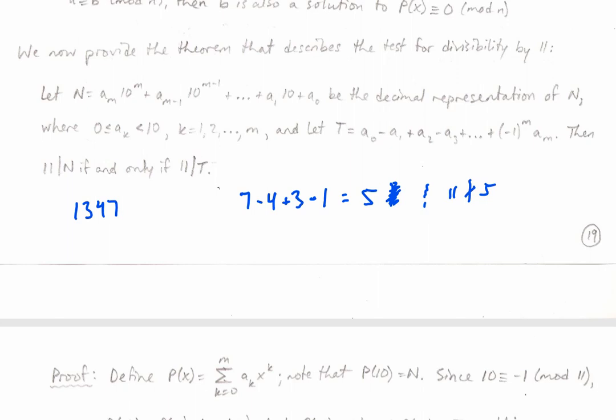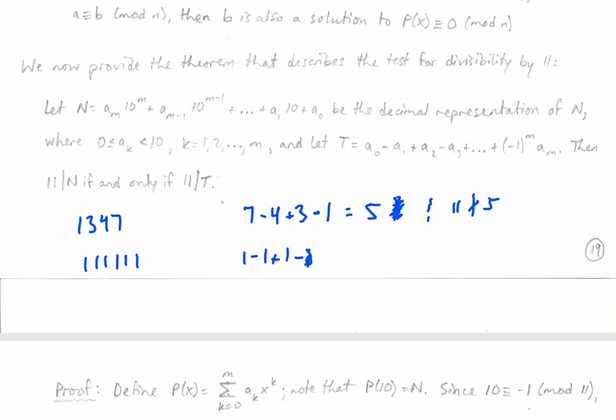If I take a pretty nice sample here, 111,111, I'm doing the number in the ones place minus the number in the tens place, plus the number in the hundreds, minus the number in the thousands.